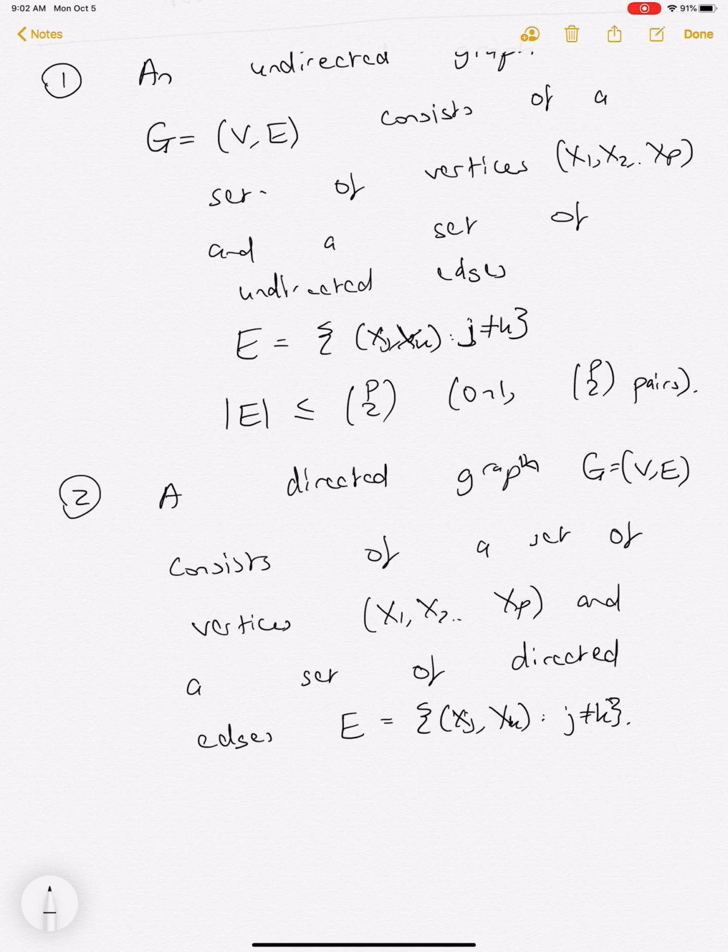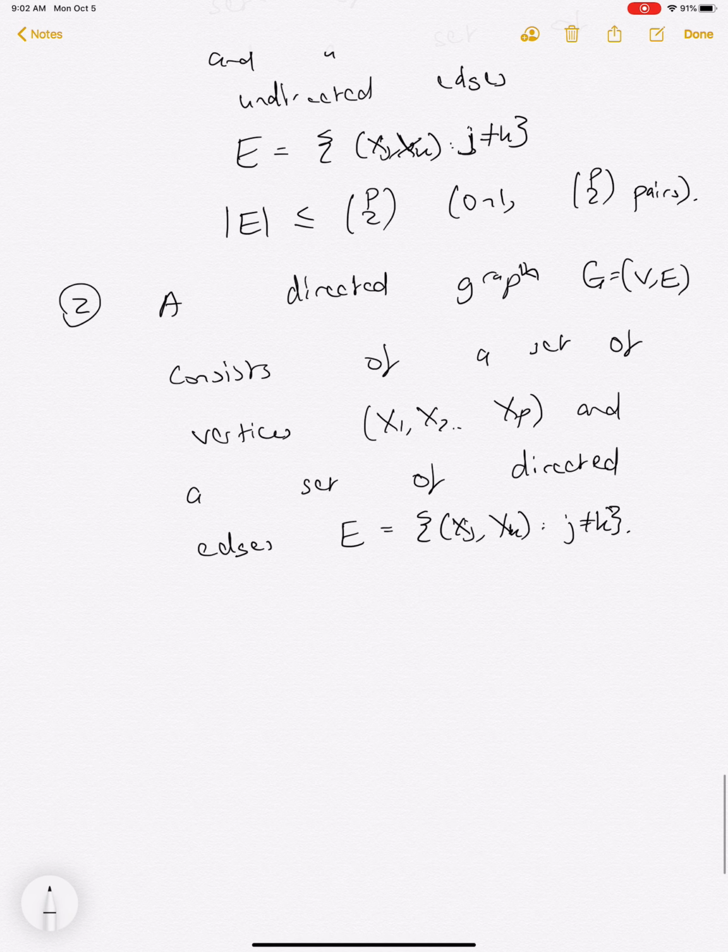Okay, so I'm going to add another layer to this definition of directed graphs.